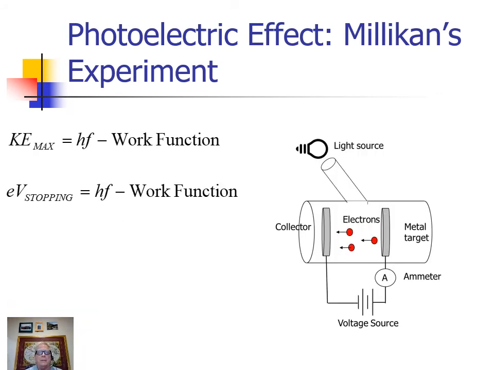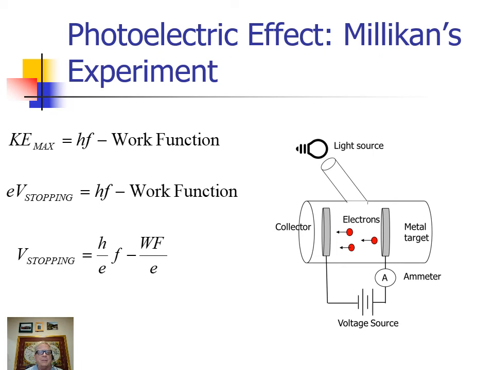Now Millikan called his experiment a direct photoelectric determination of Planck's h, because that's what this experiment allows us to do. It allows us to determine what Planck's constant is. Here was our formula from before. We took Einstein's formula and just changed the kinetic energy maximum to the charge on the electron times the stopping potential, the minimum potential necessary to cause the electrons not to make it all the way across the potential difference.